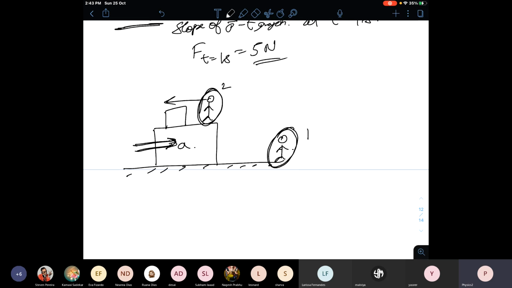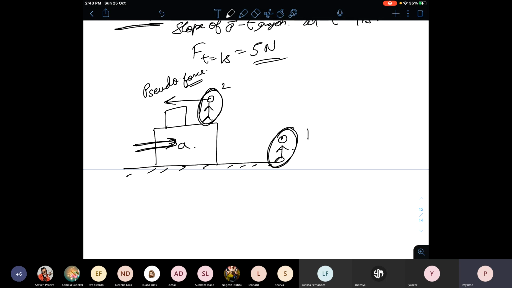So what is the force that creates a difference between observer 1 and 2? That is your pseudo force. When an observer starts to accelerate, he experiences a force in the opposite direction of acceleration. That force is basically your pseudo force.